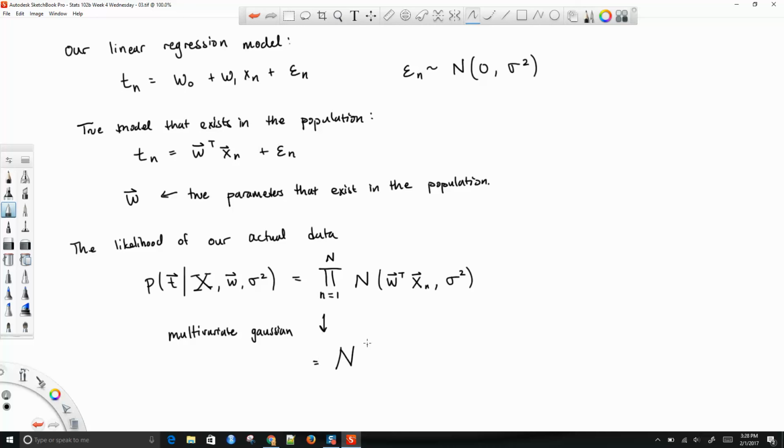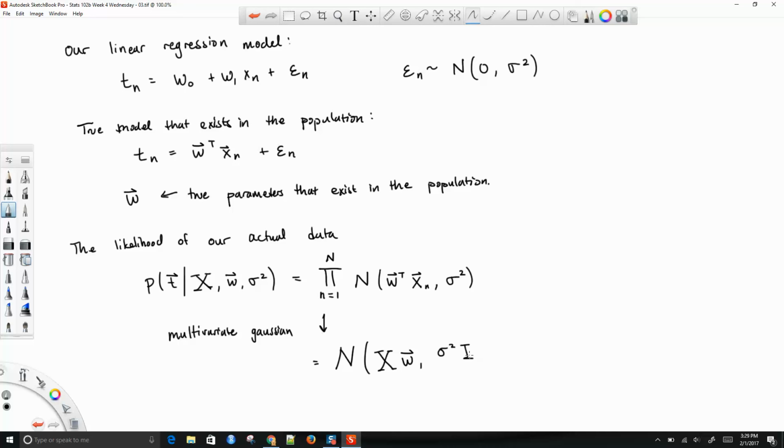So this is going to be an n-dimensional multivariate Gaussian, times the I matrix, the identity matrix.